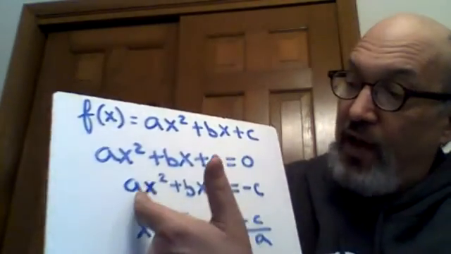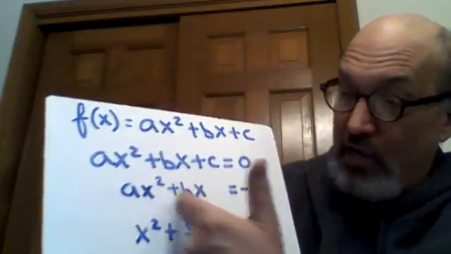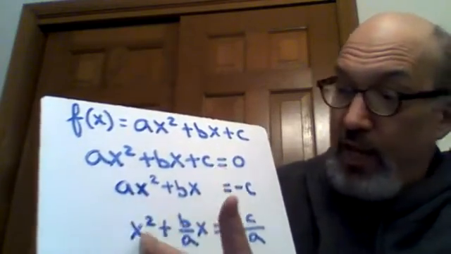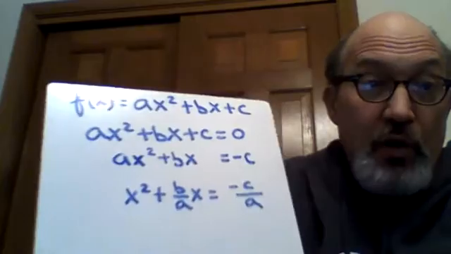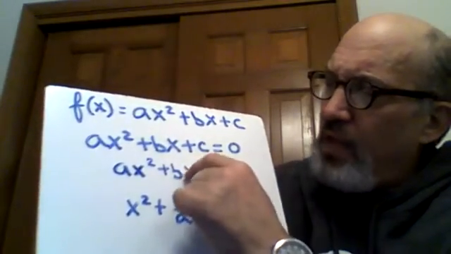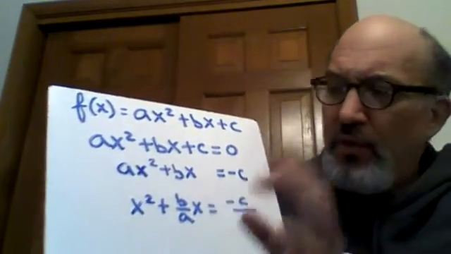On the left side, we have to divide each of these terms by a. Dividing this term by a gives us x squared, which is why we did it. Dividing bx by a, there's actually a couple little steps there. You start with bx over a. You've probably internalized this by now. You just do it automatically.